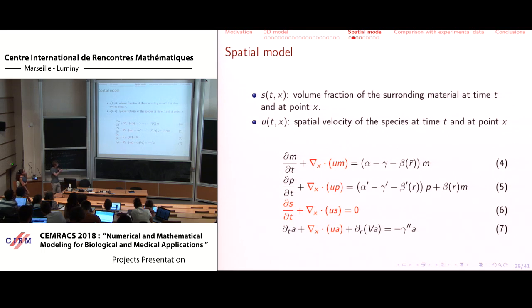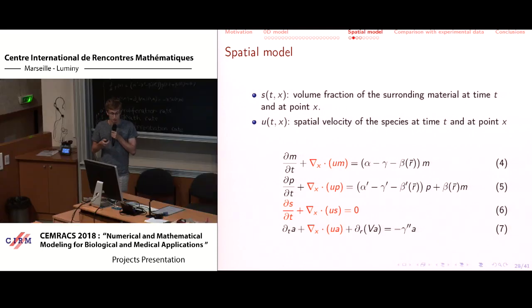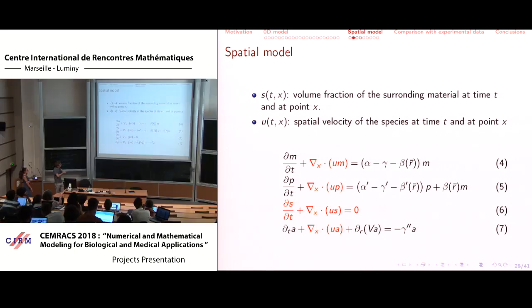In this model, each species moves at the same velocity u. So we have three transport equations at velocity u, with always a birth term, death term, and differentiation terms.